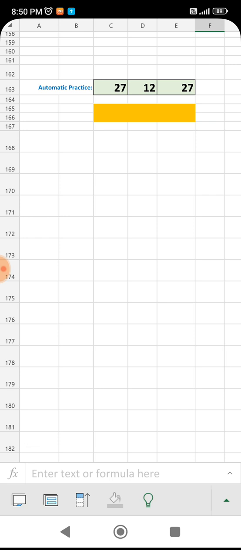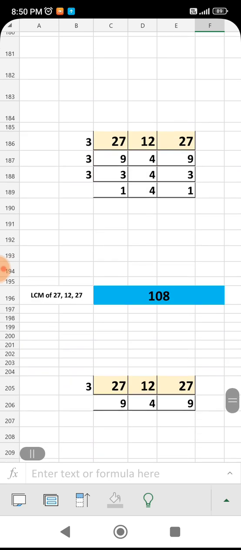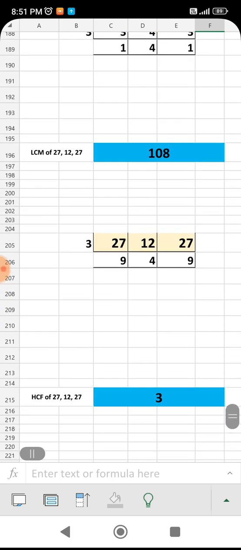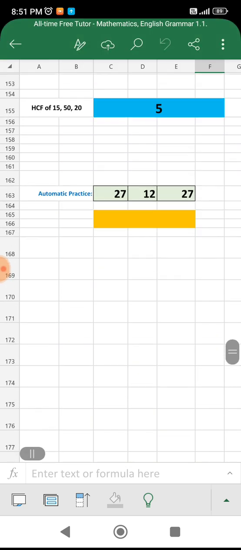Here, you have to calculate the LCM and HCF manually, and thereafter go below and check whether your answer is right or wrong. First LCM and then HCF, for the automatic practice. Here you cannot change the number.